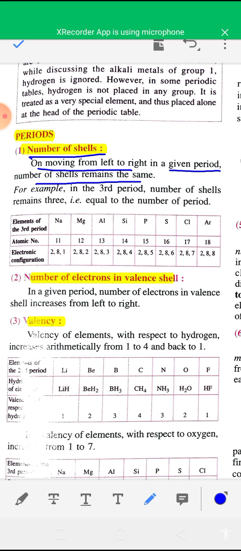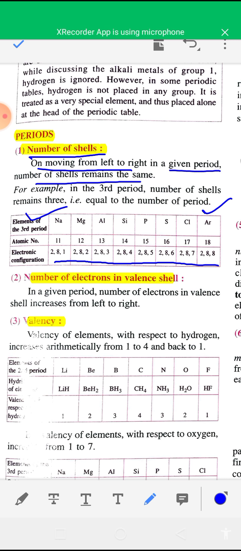For example, in the third period, sodium to argon, the number of shells is the same in all elements, total three shells, but the number of electrons increases one by one. Atomic number of sodium is 11, magnesium is 12, aluminium is 13. So the number of electrons increases one by one from left to right.